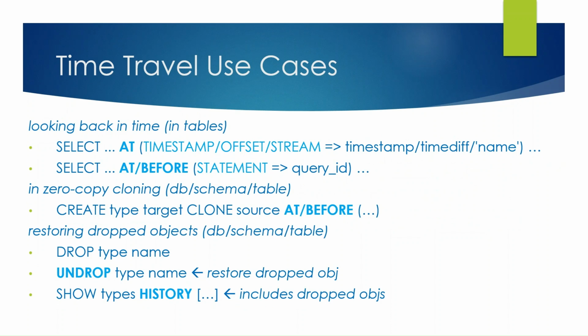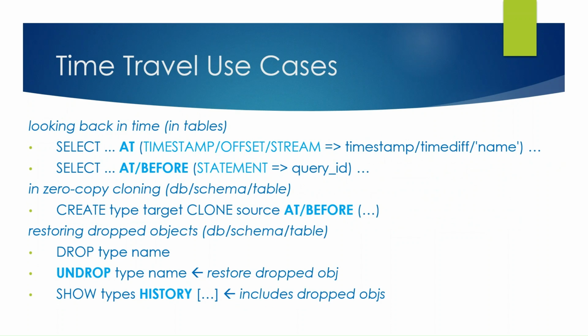You can look back in time by an offset or by an absolute timestamp. You can pass a stream name, that's a specific use case, I'll not go into detail, check the documentation. Or you can use a statement query ID with at or before. At includes that specific point; before excludes that specific point.